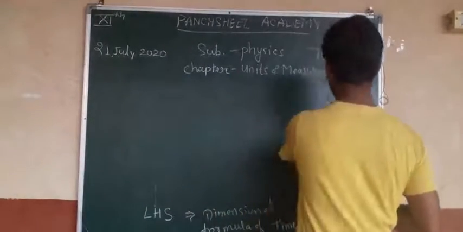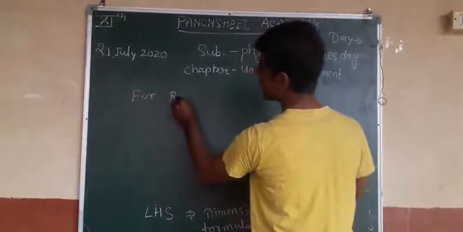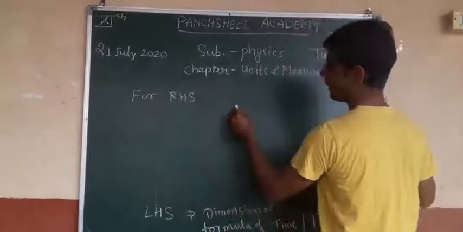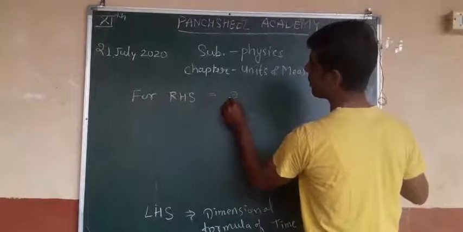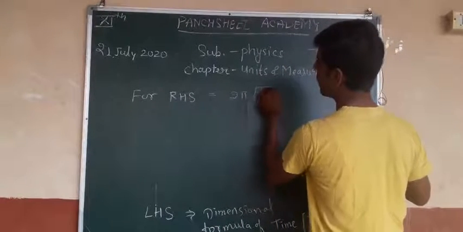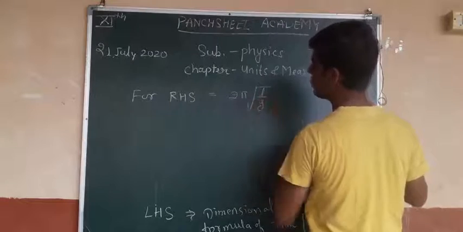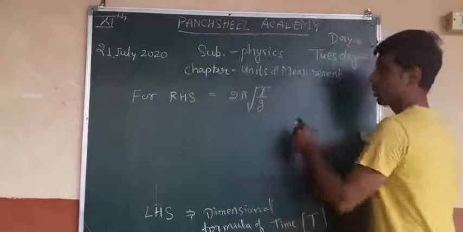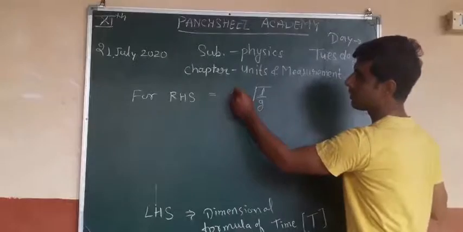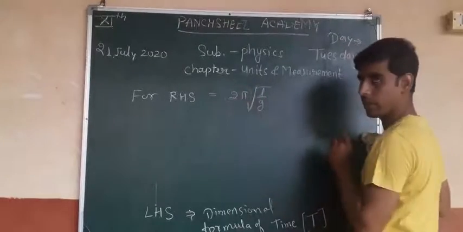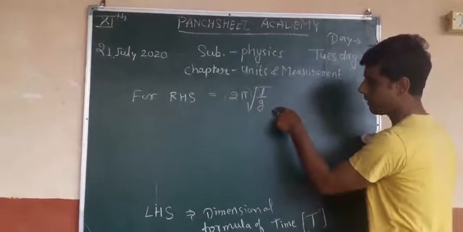So for the RHS, what is the equation? 2 pi under root L by g. No need to consider this numerical value; our intention is only the dimensions.